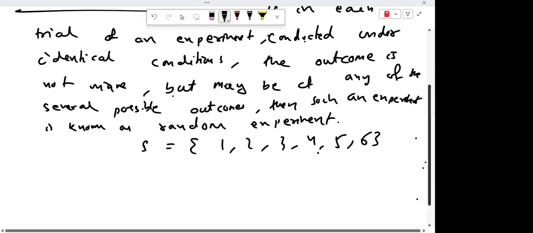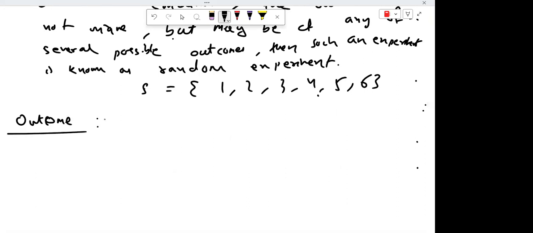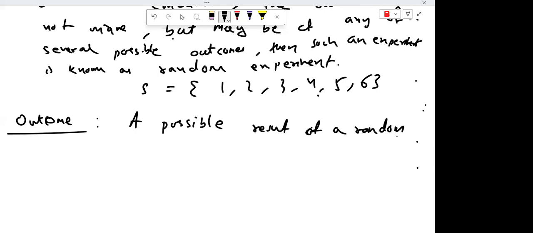Next one is outcome. What will we say what outcome is? A possible result of a random experiment, just like 1 or 2 or 3 or 4 or 5 or 6.